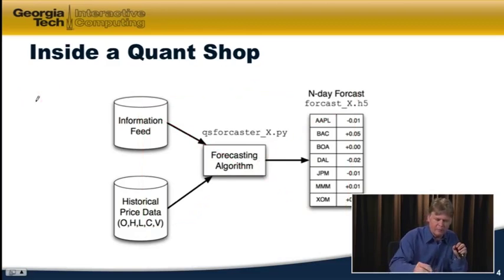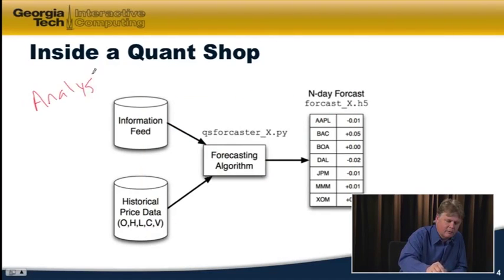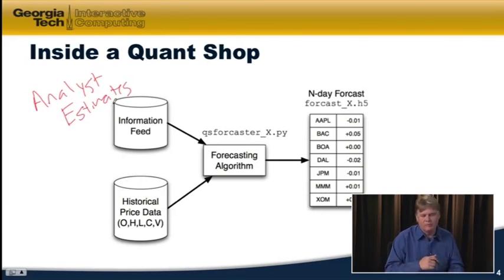Lower speed types of information feeds are things like analysts' estimates. There are many analysts that follow each stock in the stock market.